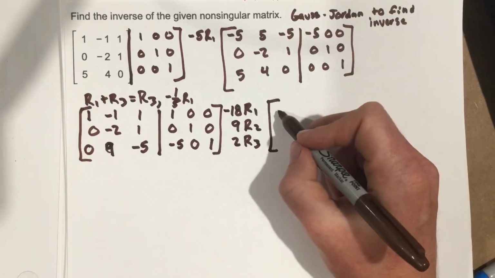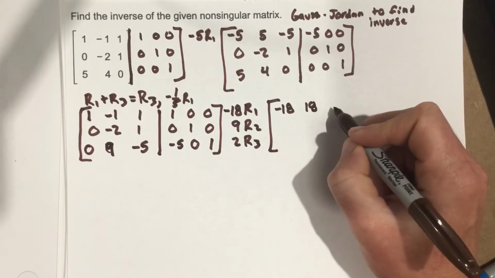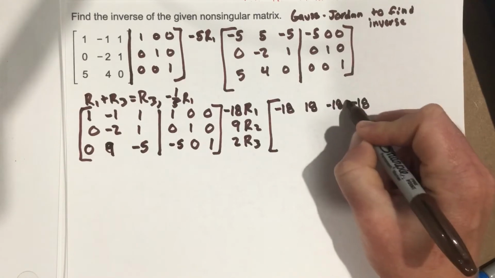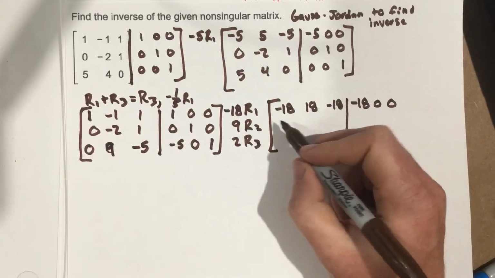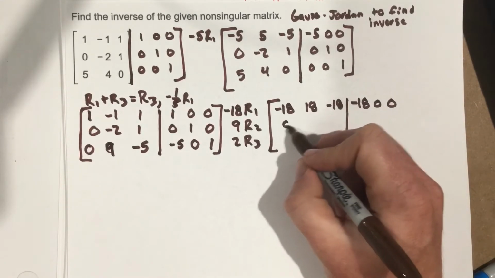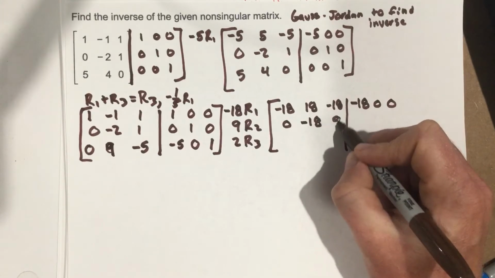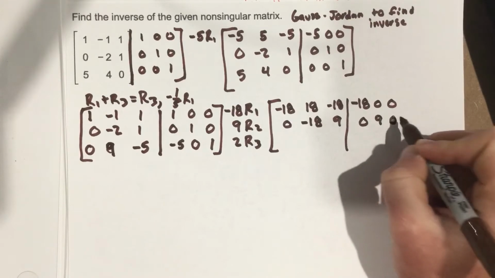So at the top we got -18, 18, -18, -18, 0, 0. Middle we've got 0, -18, 9, 0, 9, 0.